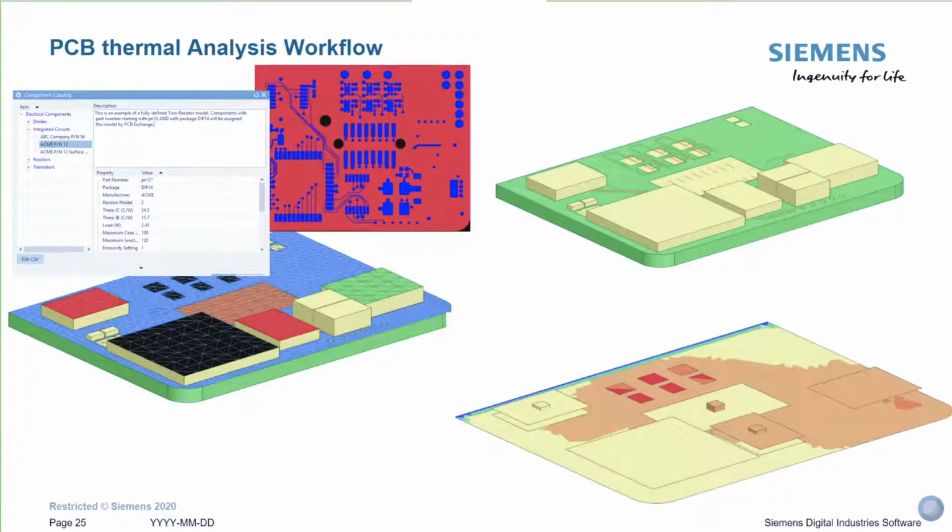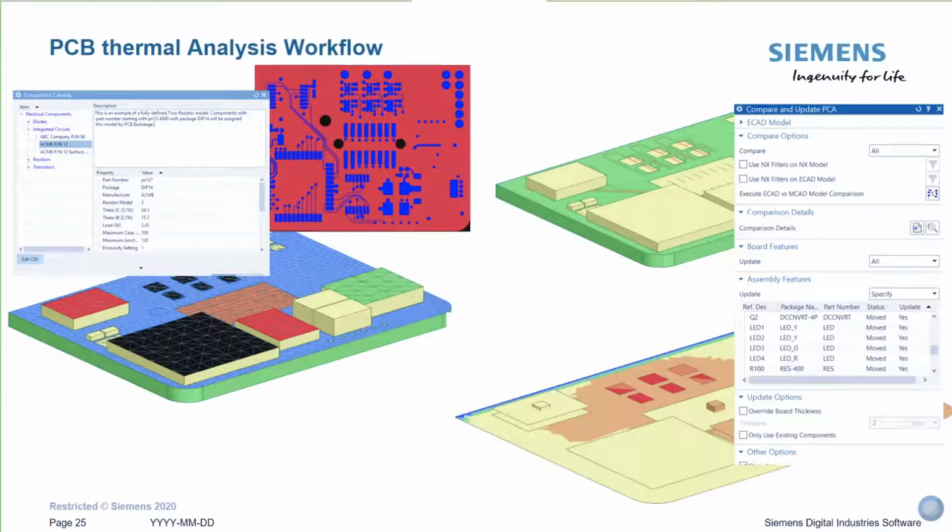We will then ask PCB Exchange to automatically mesh our geometry, as well as applying the board and component material properties and the appropriate boundary conditions, and we'll be able to solve the model that will be generated by PCB Exchange. We'll get component case and junction temperatures, as well as temperatures for every layer in the board.